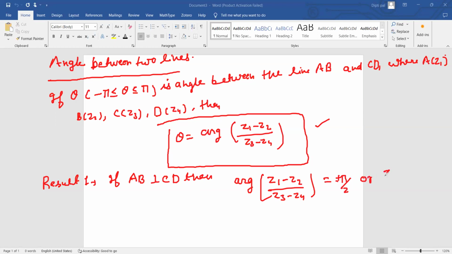Or we can say (Z1 minus Z2) upon (Z3 minus Z4) is a purely imaginary number.